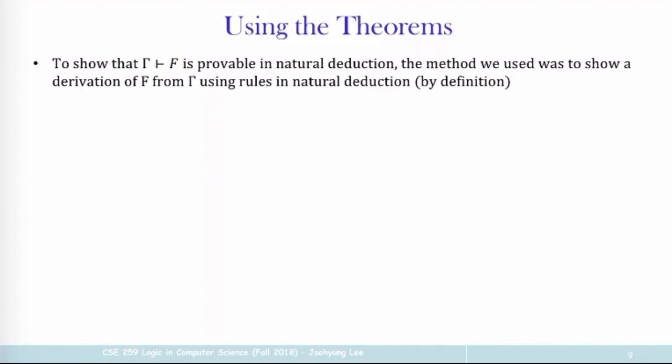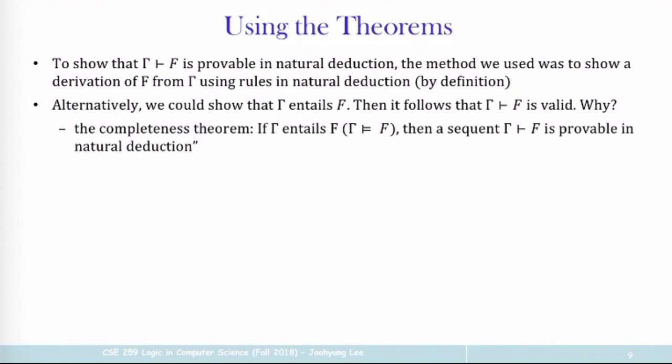When I said derive f from gamma using natural deduction, that's proof, right? The method that we used was to show a derivation of f from gamma using the rules of natural deduction, and that's by definition. By definition, proof means that you show the sequence of derivation in natural deduction. But now, what you can do is this.